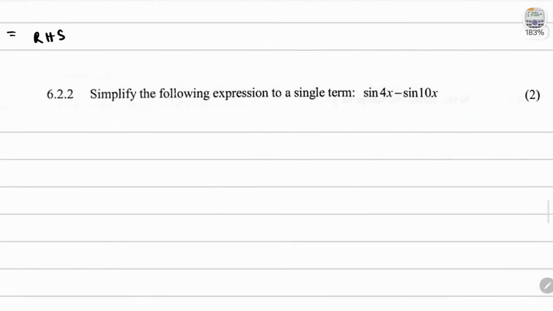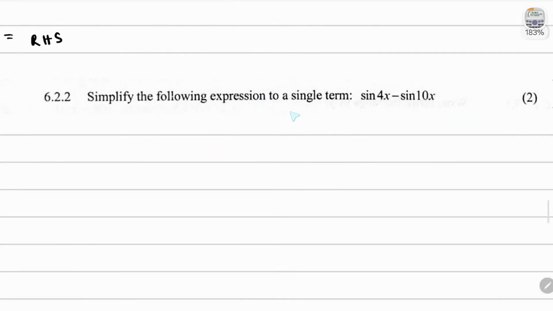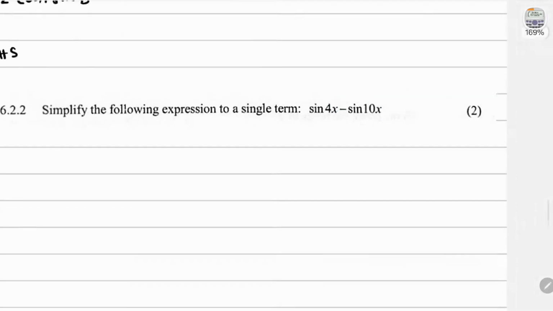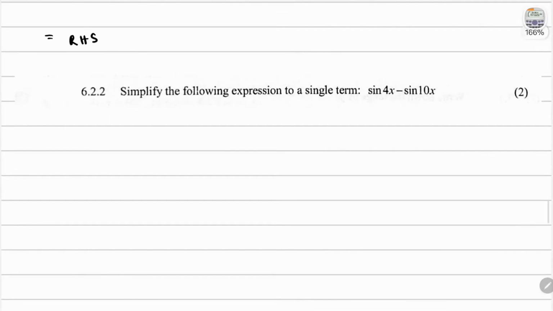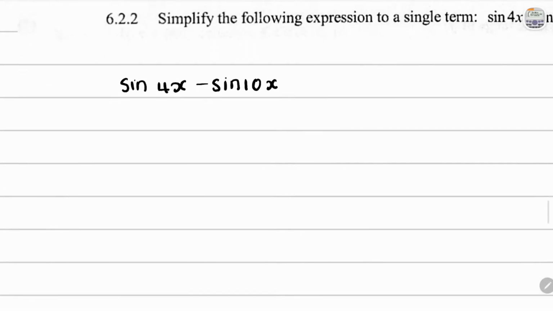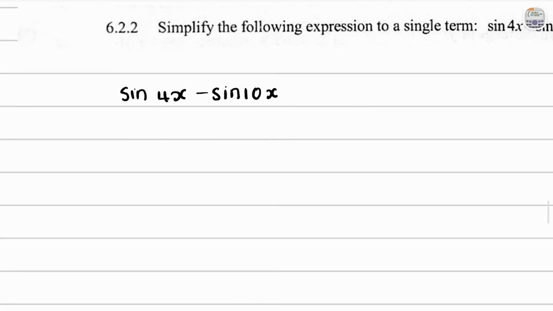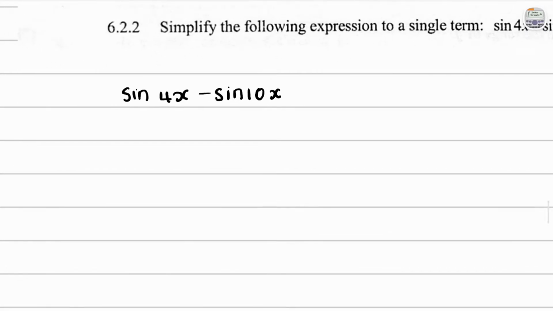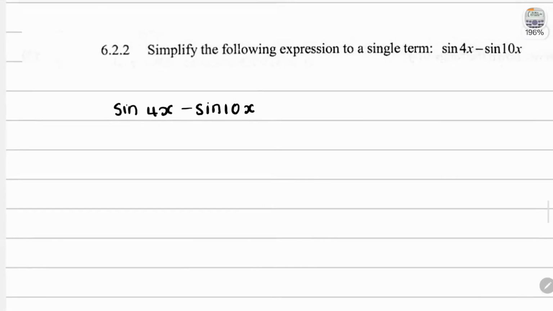Okay, so 6.2.2 says, simplify the following expression to a single term. Okay, and they give us sine 4x minus sine 10x. Okay, so let's rewrite that first. If you looked at this for a while and you were trying to find numbers that would work for this where you can actually simplify them, it may have been a bit of a struggle.